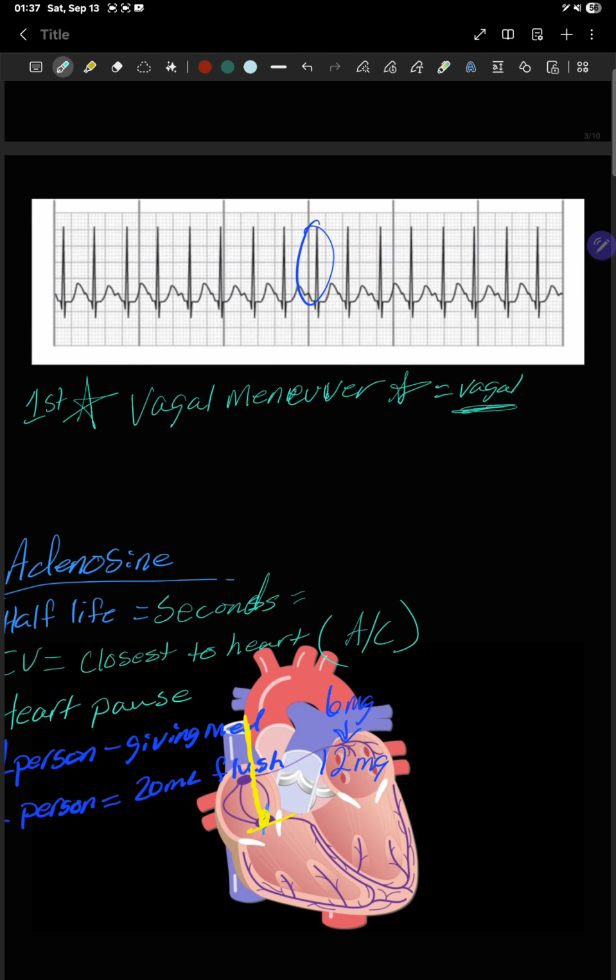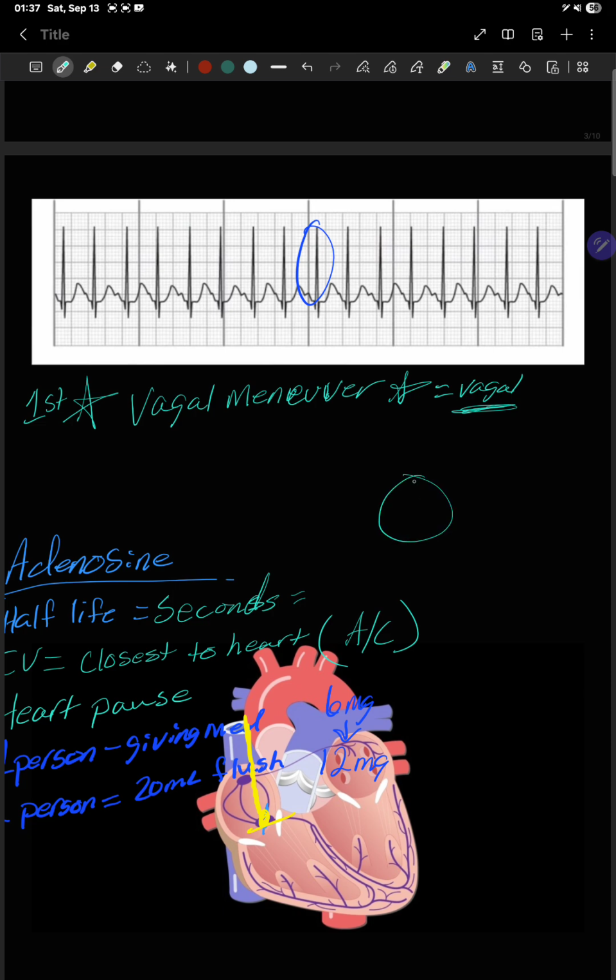Another thing that you can do, and it's not really recommended, is you can do a carotid massage. So what you do is you put your fingers on the carotid and you massage the carotid in hopes that it will then cause decreased stimulation and hopefully lower their heart rate. But the problem is that we don't know where they are currently at with their carotids having plaque.